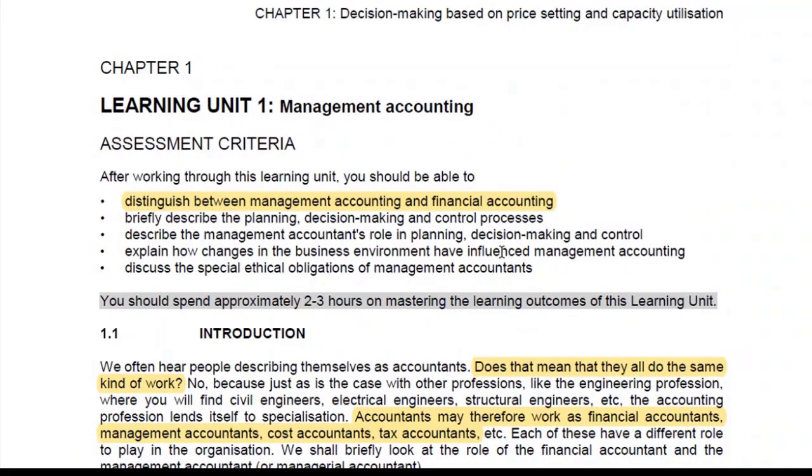Then there's cost accountants. Cost accountants, it's in the name. They look at cost. How are we using our costs? Are we saving money? They look at the process of the company to say, how long does it take, for instance, if we are making a table, to assemble the table?